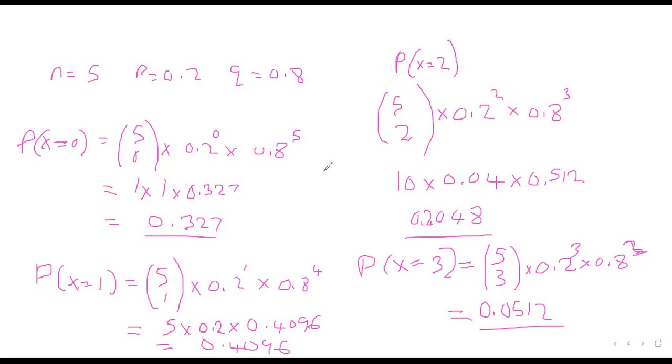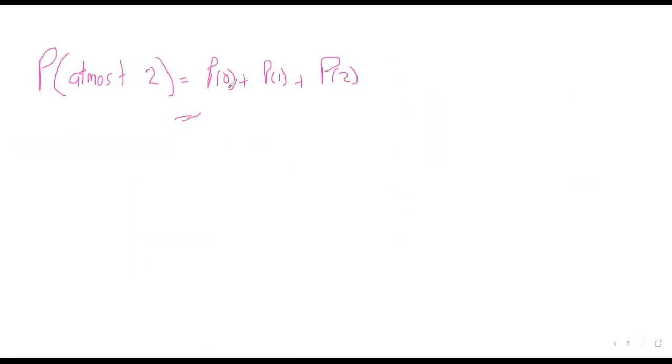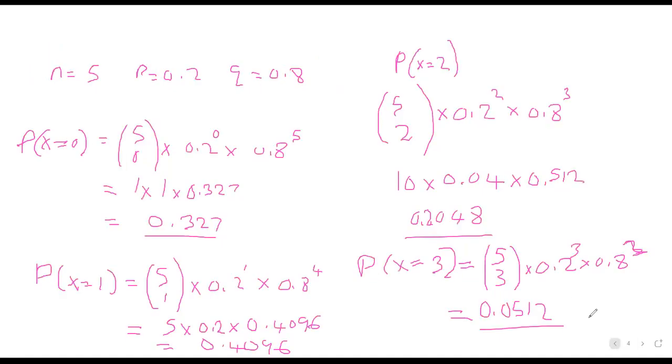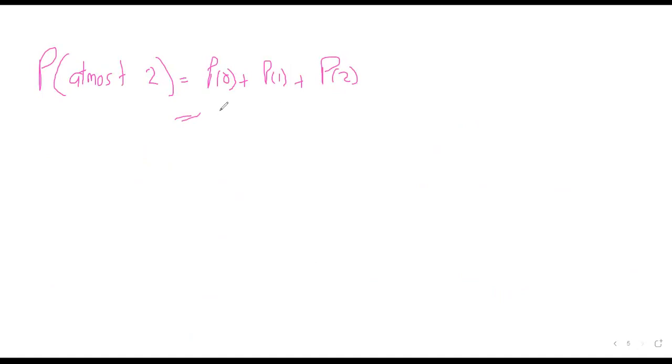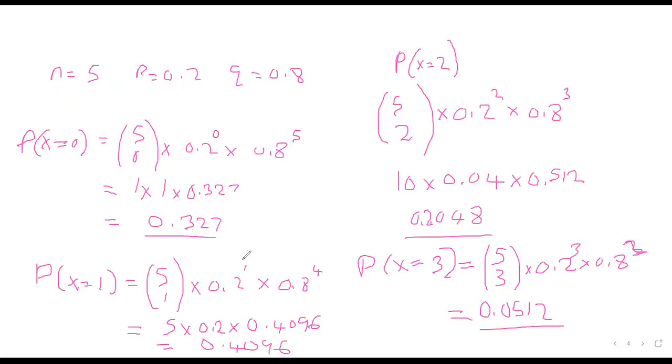So we're finding the probability of what? At most 2. So it means we are adding the probability of 0, 1, 2. What was the probability of 0? 0.3277. What's the probability of 1? 0.4096.